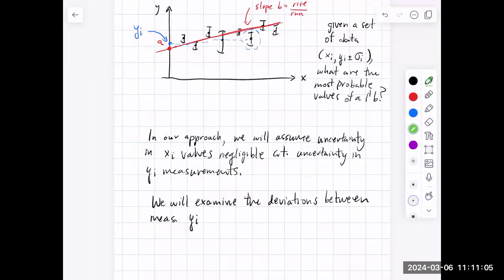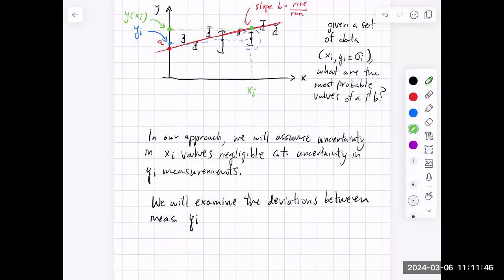And then we're going to compare it to the corresponding value of y from our straight line. So if this occurs at x equals xi, then this green point on the red line corresponds to y evaluated at xi. So we're going to look at that deviation for each one of our n measurements, and we're going to try to do something where we minimize that net deviation.